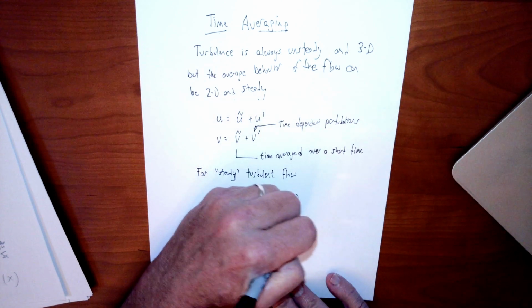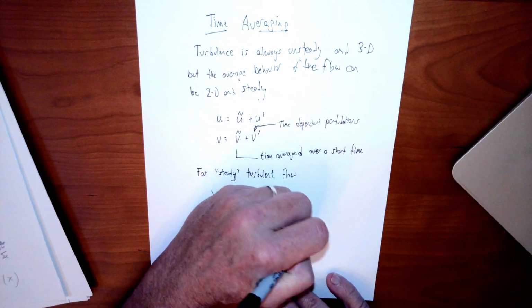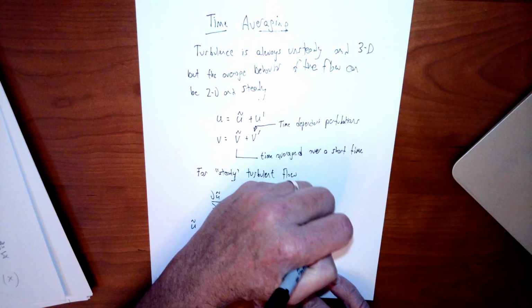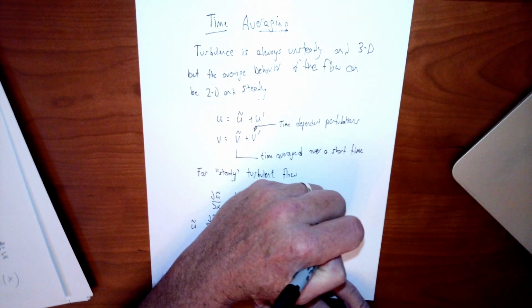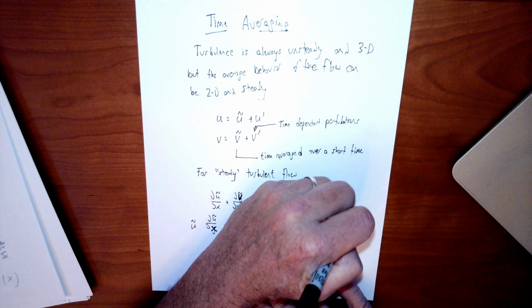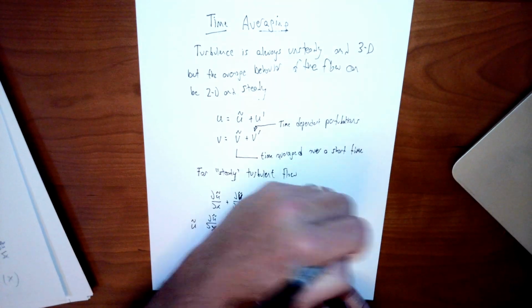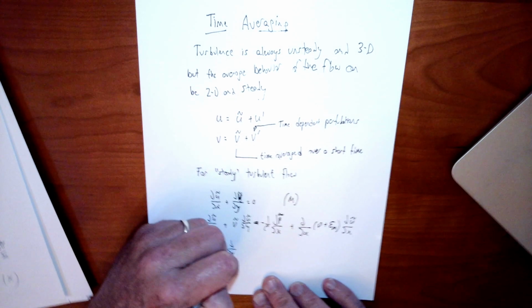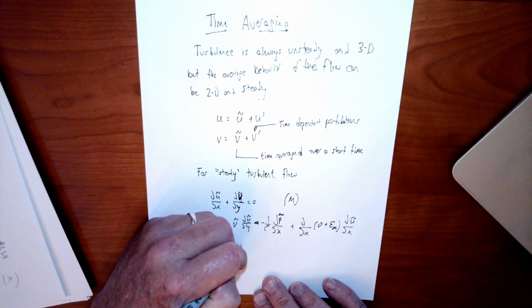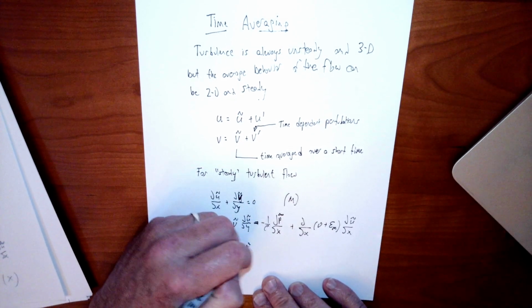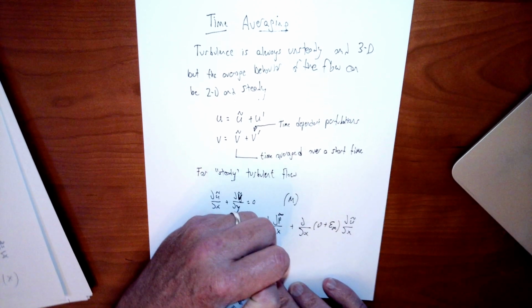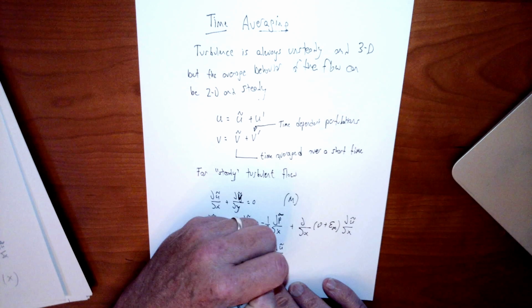But the last term, the viscosity terms, do not look the same. We're going to have d by dx of nu plus something called epsilon m, a new thing here, times du dx. And then finally, d by dy of nu plus epsilon m times du dy.